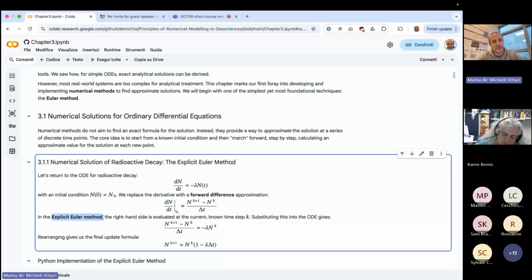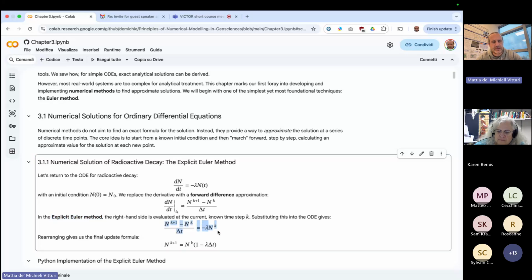We will look at both possibilities: the old time step, which gives the explicit Euler method, or the new time step, which gives the implicit Euler method. So let's start from the explicit.